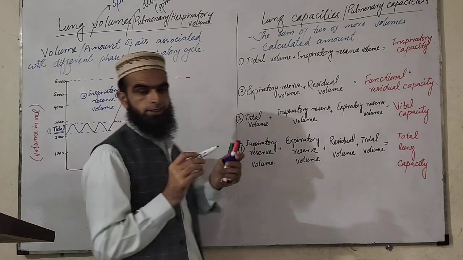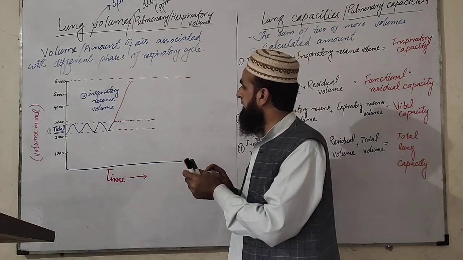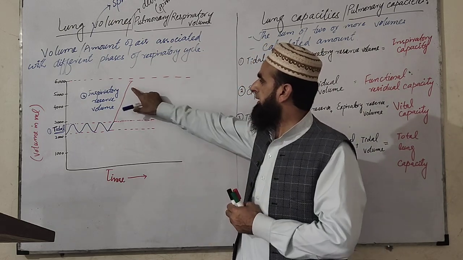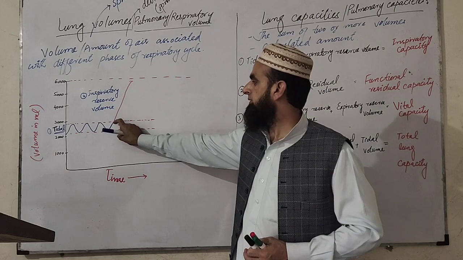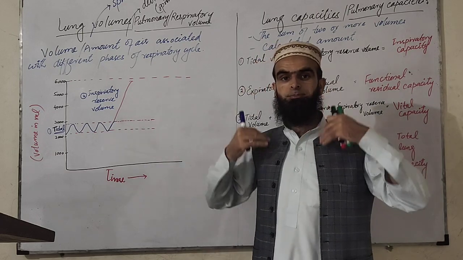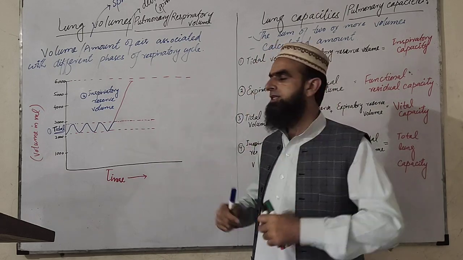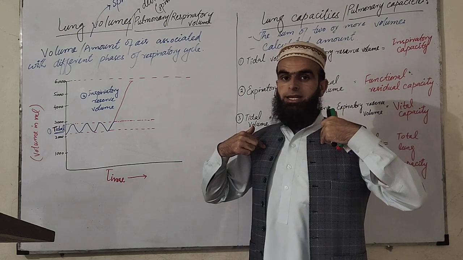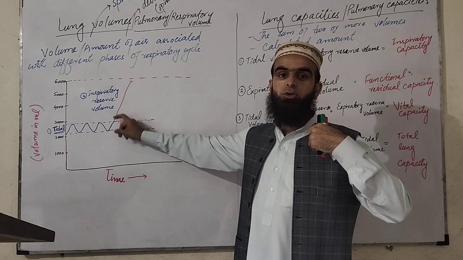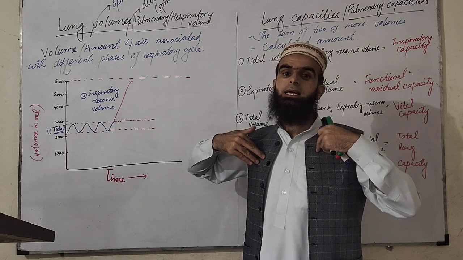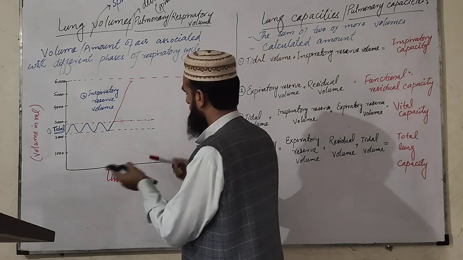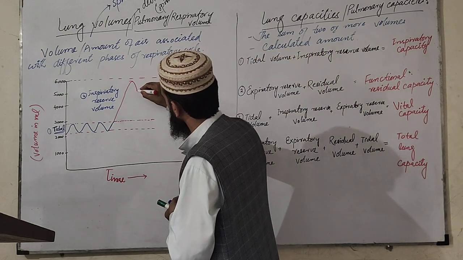The second volume is the amount of air taken in extra to that of the tidal volume during a deep breath in. That amount of air which has been taken in extra to the tidal amount, the same amount of air will be exhaled during expiration now.